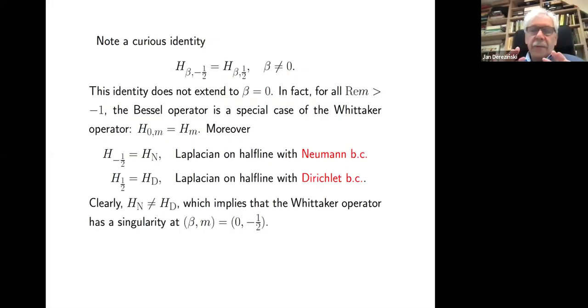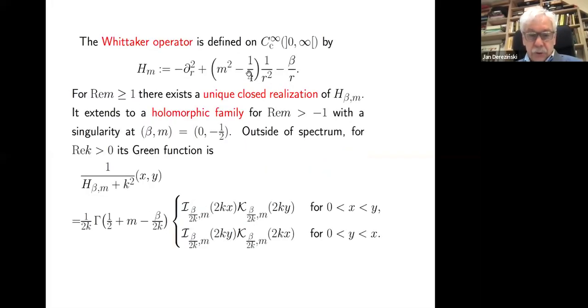Let me say a few words about the theory of this equation. There is an identity. If you take m equal to 1/2, you should note that the centrifugal potential, 1 over r squared, vanishes.